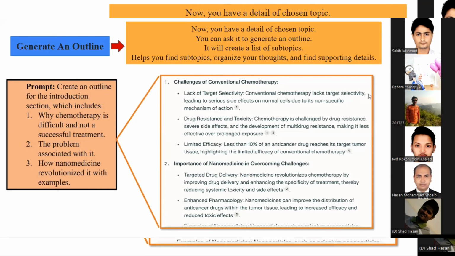So you can see that it gives me the challenges of conventional chemotherapy and the importance of nanoparticles. It also divides the challenges into three subheadings and also divides the importance of nanomedicine into further three steps.